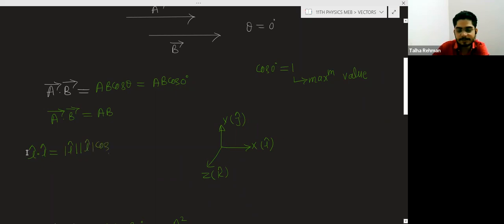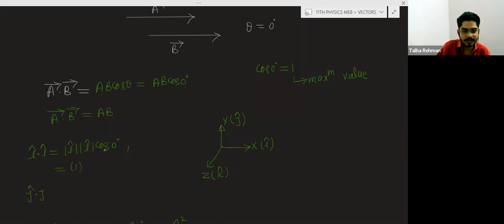What is the angle between I cap and I cap? 0 degrees. So cos 0 is 1. I cap is the unit vector, so its magnitude is 1, this is 1, and this is 1. So this will become 1.